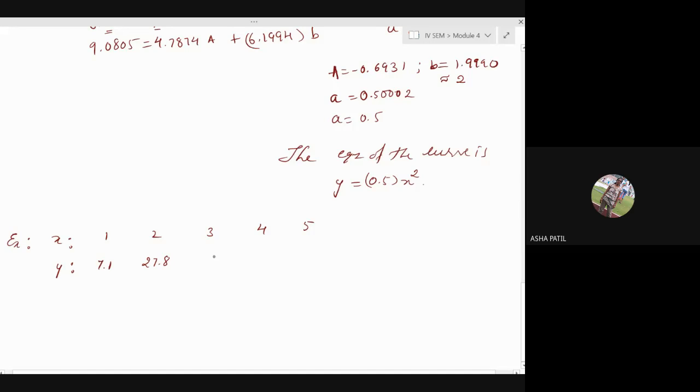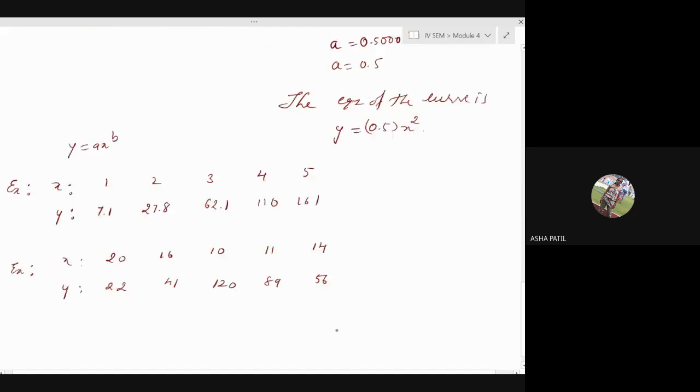Fit a curve in the form y equals a x raised to b to the data: x values 20, 16, 10, 11, 14, and y values 22, 41, 120, 89, 56. See that you press the ln button when you are using the calculator for this.